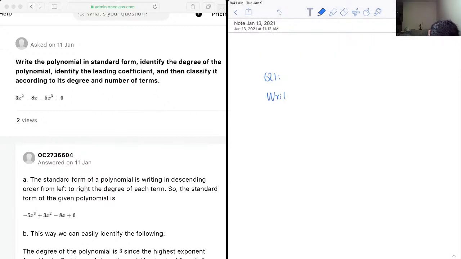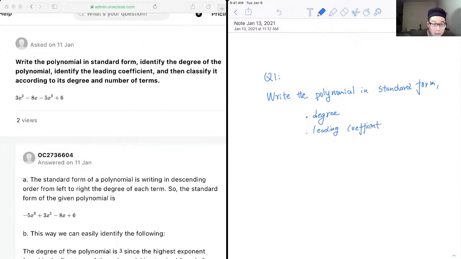We need to identify the degree of the polynomial, and we also need to identify the leading coefficient, and then we need to classify it according to its degree and number of terms.